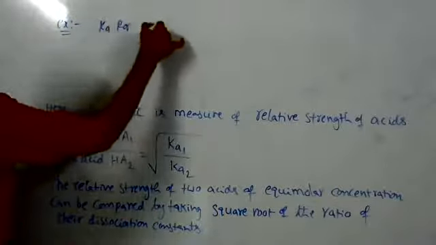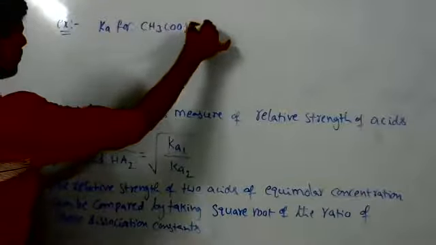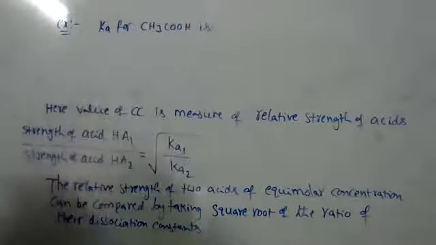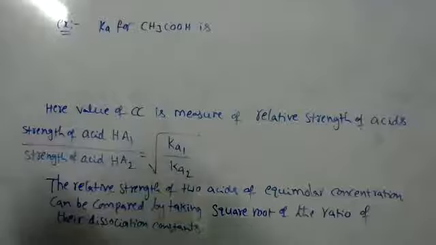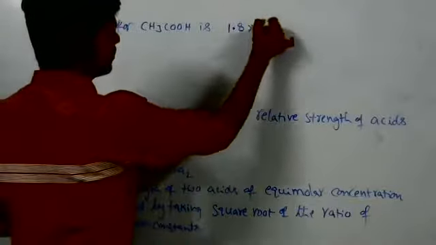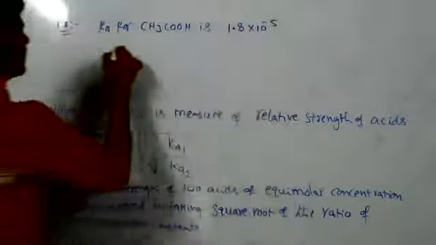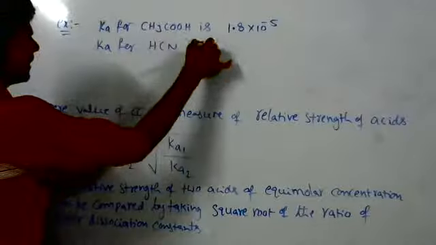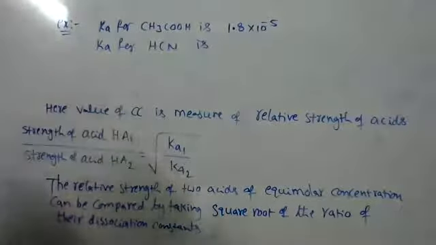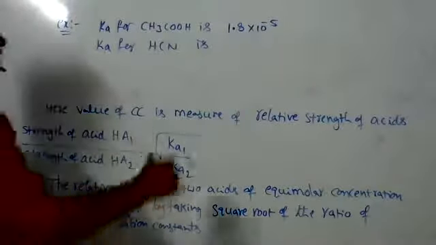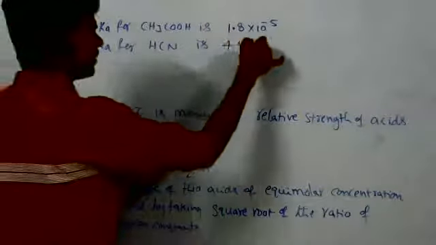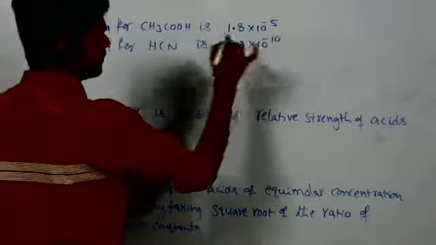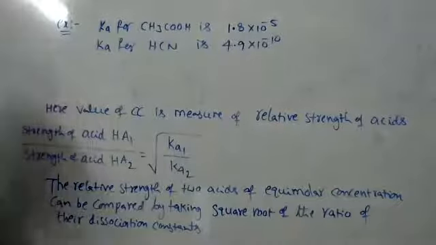Ka for CH3COOH is 1.8 into 10 power minus 5. Ka for hydrogen cyanide is 4.9 into 10 power minus 10. I have to calculate relative strength.